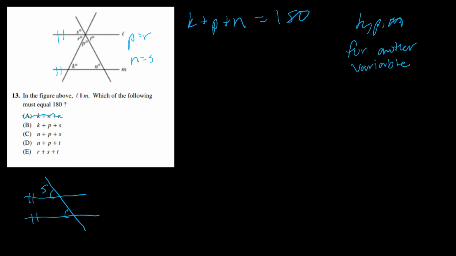And that's S, and that's N. So I know I can rewrite this statement as K plus P plus S equals 180, which is exactly what we're looking for. So I'm going to go with answer choice B.